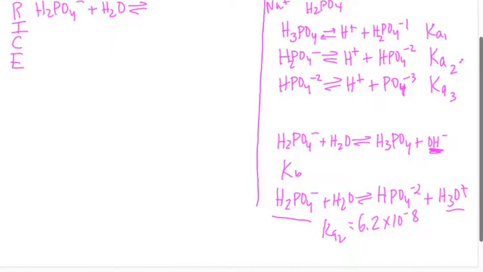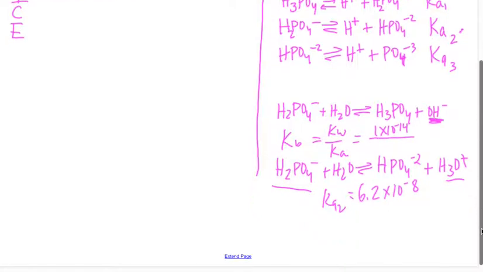That's Ka1. So I'm going to take Ka1 and convert it to Kb. How am I going to do that? Kw. So Kw is 1 times 10 to the negative 14th. What's Ka1? 7.5 times 10 to the negative what?